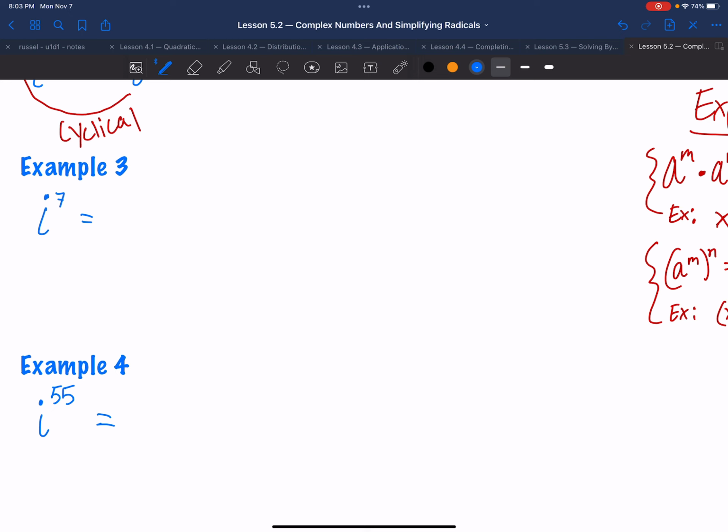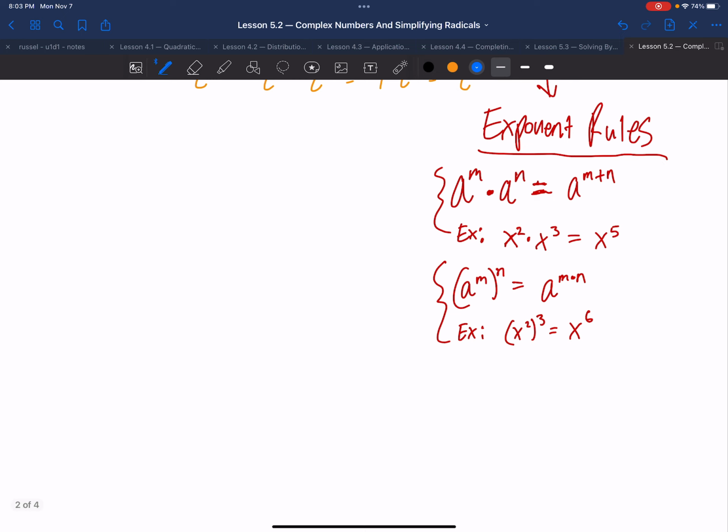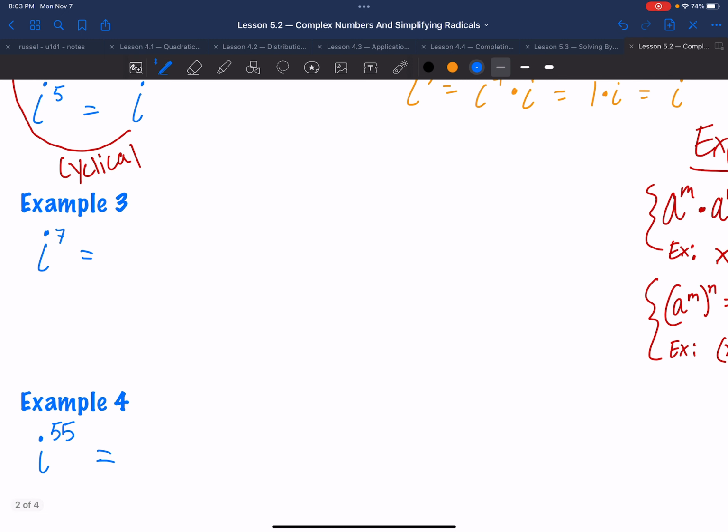Post-calculus. Okay, so let's look at i to the power of 7. If you use the first exponent rule here of addition, well, i to the power of 7 is like saying i to the power of 3 plus 4, which can be split up as i to the power of 3 times i to the power of 4.